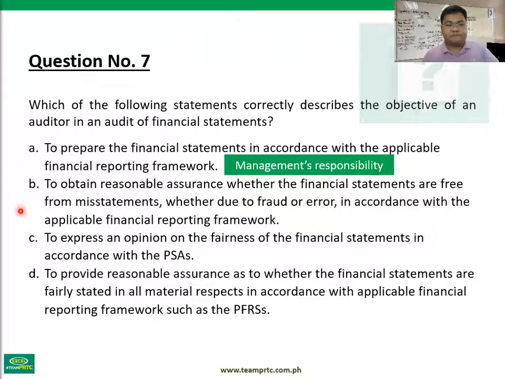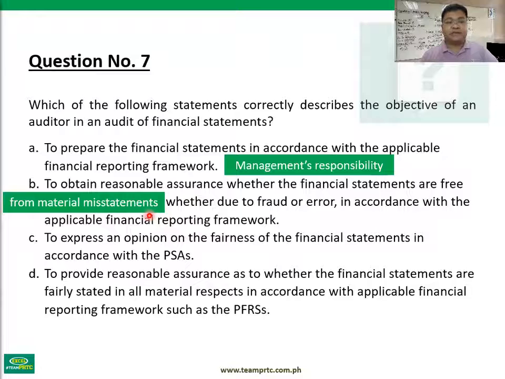Now, letter B sounds correct: to obtain reasonable assurance whether the financial statements are free from misstatements, whether due to fraud or error, in accordance with the applicable financial reporting framework. Letter B is a correct statement, except that the auditor is not responsible to provide reasonable assurance whether the financial statements are free from all misstatements, only from material misstatements.